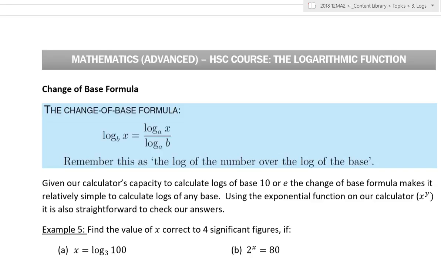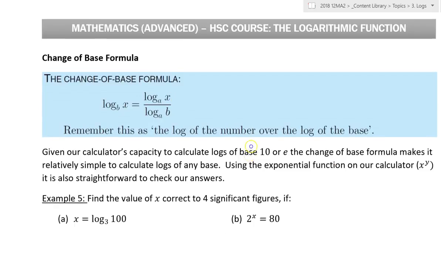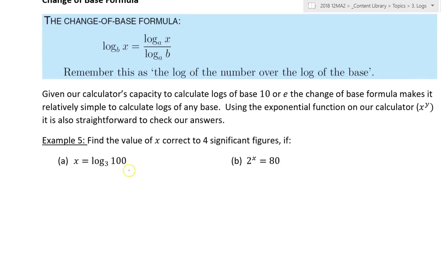Now, the change of base formula. Remember this? It's helpful at times: the log of the number divided by the log of the base. We cannot punch log base 3 into my calculator, but I could rewrite this as x is also equal to, using the natural log here, the natural log of 100 over the natural log of 3.